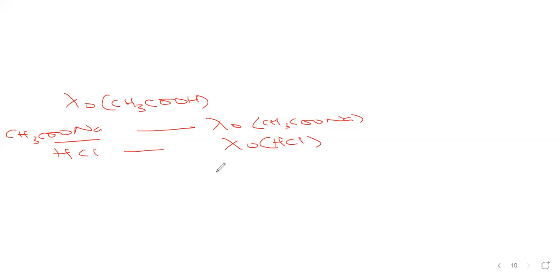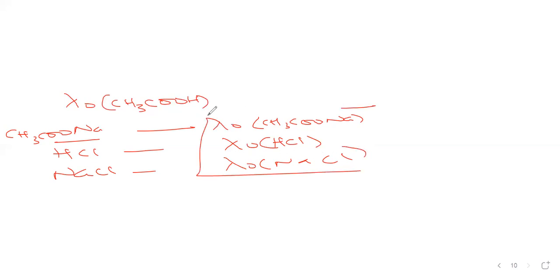I also know the molar conductivity at infinite dilution of sodium chloride. I can use these three molar conductivities to obtain the molar conductivity at infinite dilution of ethanoic acid.